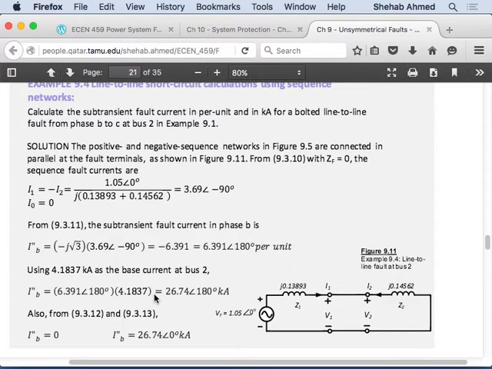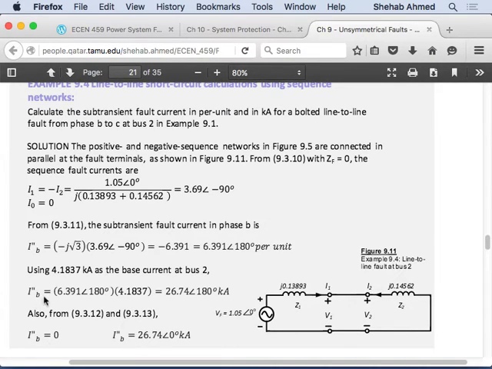What else do they want? Calculate the subtransient fault current per unit and in kiloamp for a bolted line fault from phase B to phase C. I don't know what this is. I think this is a typo.